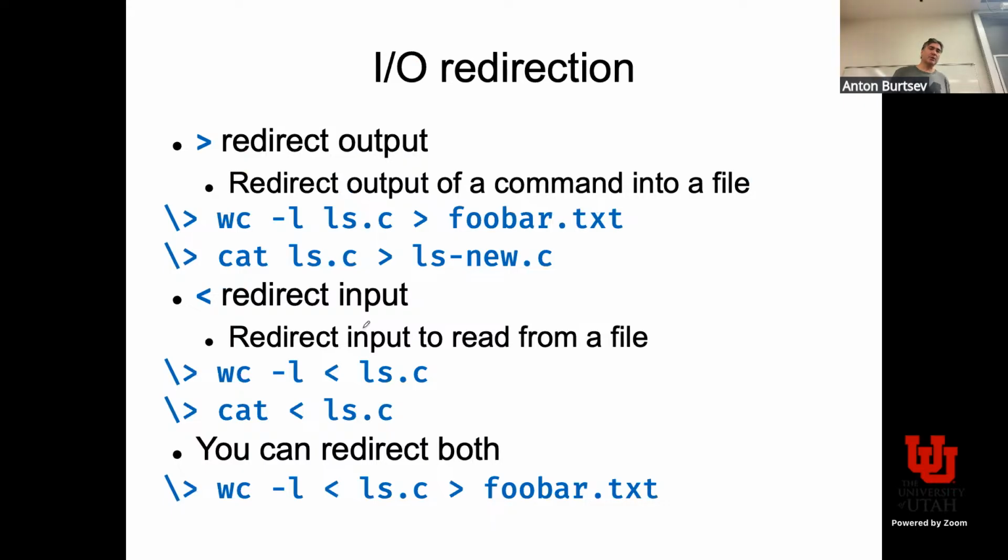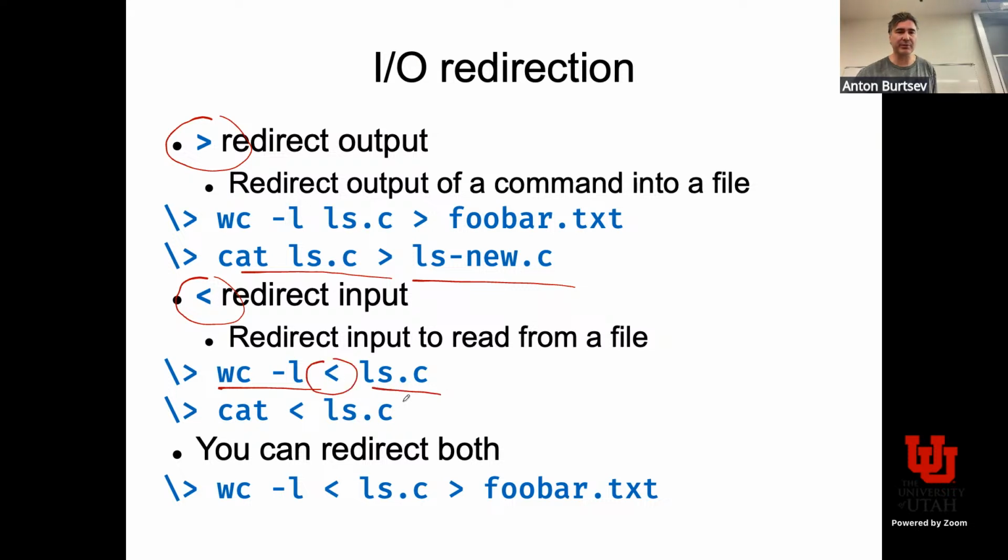And they said, okay, we will support a couple of those operators, like redirect output, redirect input. So for example, here, cat redirects the output of ls.c into ls.new, and it effectively copies a file, right? You redirect input, you say wc -l, but please take input from ls.c.